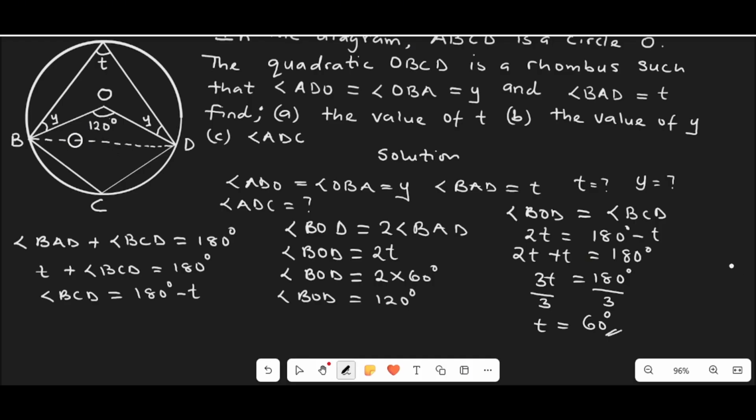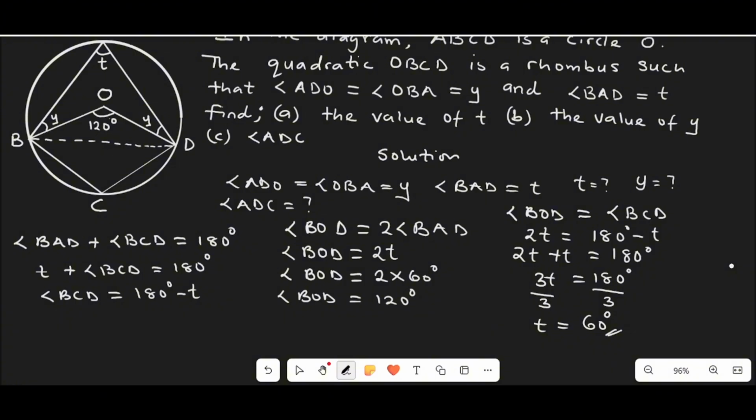Now let us consider triangle BOD. In this triangle BOD, our OB is equal to OD because they are radii of a circle. So we can say triangle BOD is an isosceles triangle, and base angles of an isosceles triangle are equal.